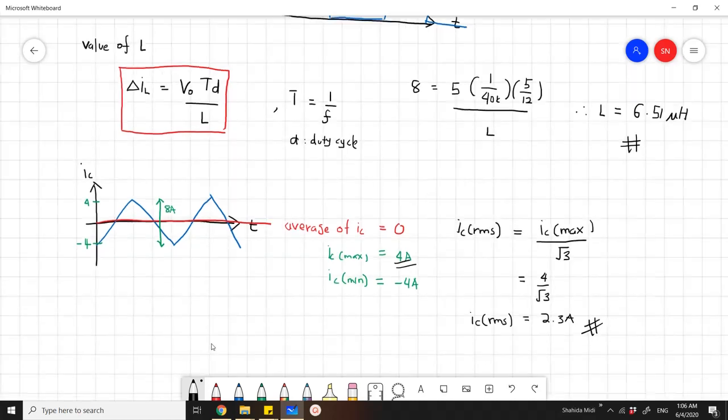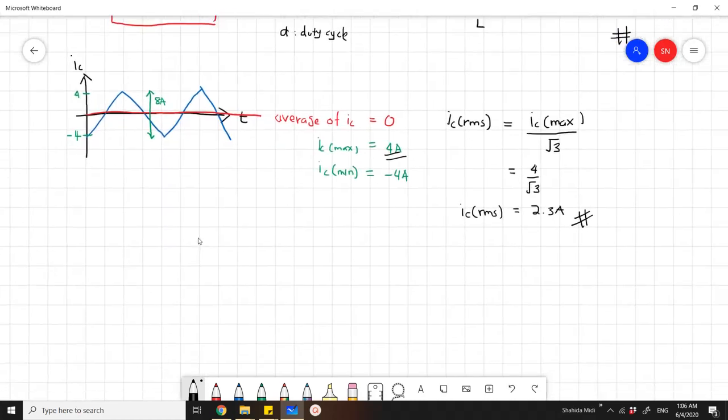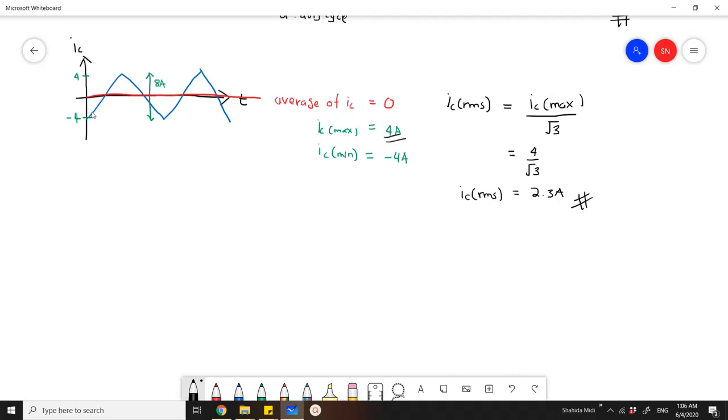Okay, so for the next one, we are still going to need this waveform over here, and this time we need the capacitance value. Okay, do you still remember the weird equation that we had last time?